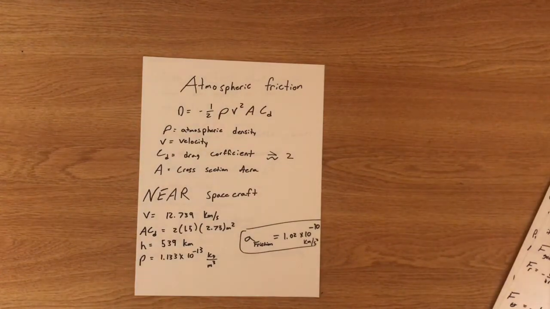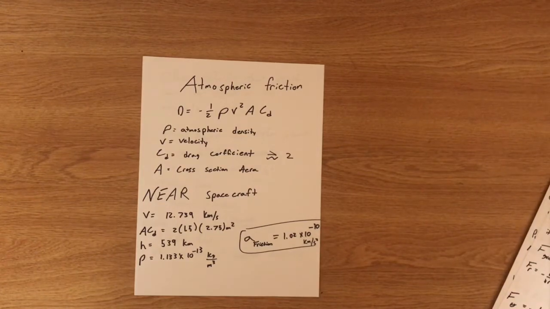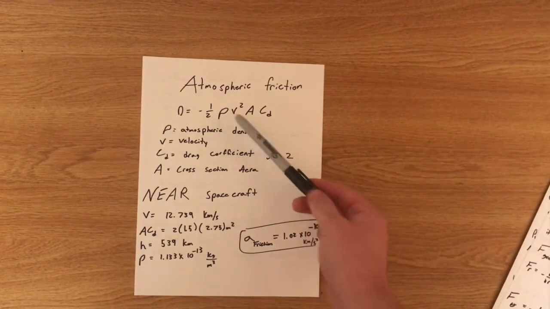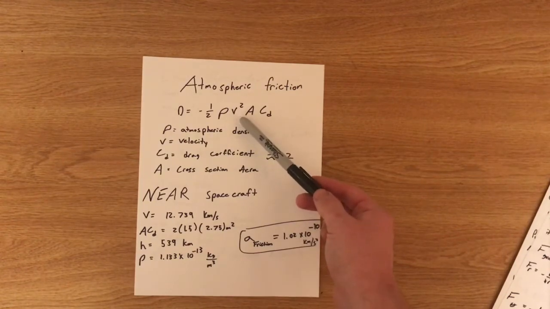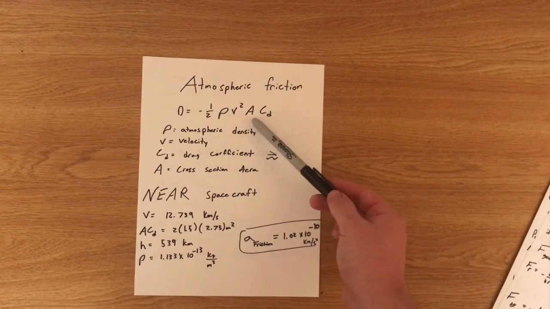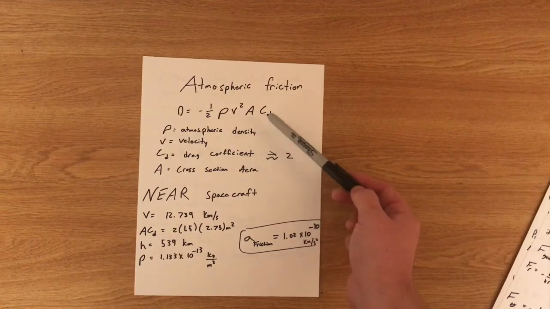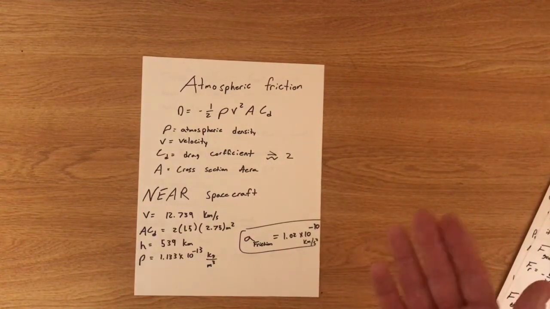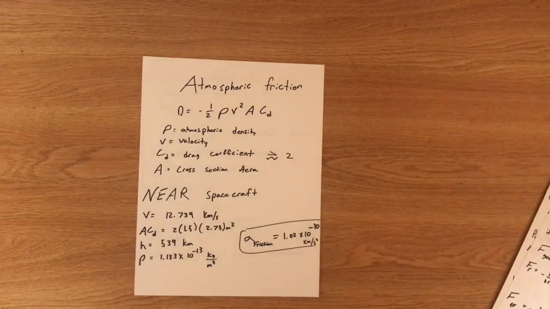Another effect that can have an effect on the satellites is the atmospheric friction, which can be represented by the equation for drag, which is negative 1/2 atmospheric density times velocity squared times the cross-section area of the satellite times the coefficient of drag, which in this case is roughly around 2 for almost all satellites.